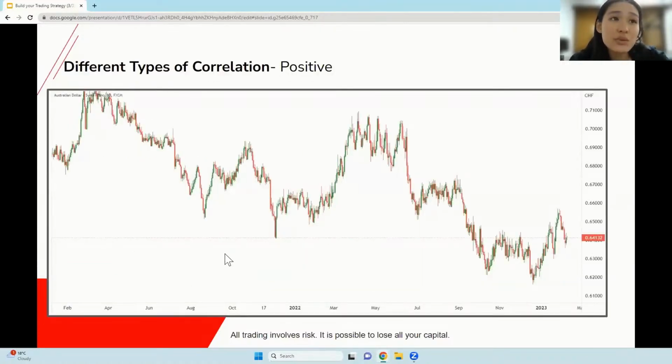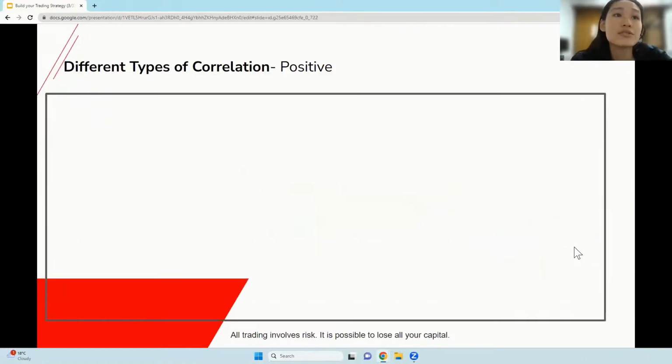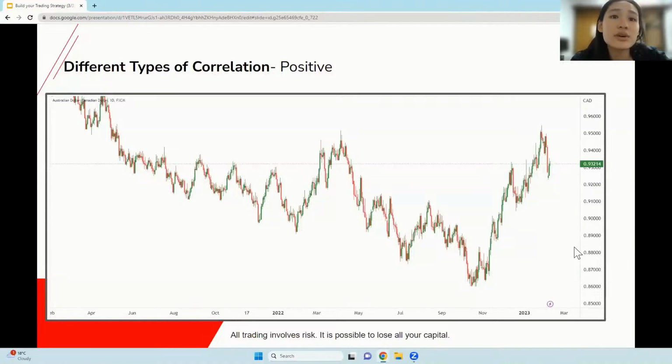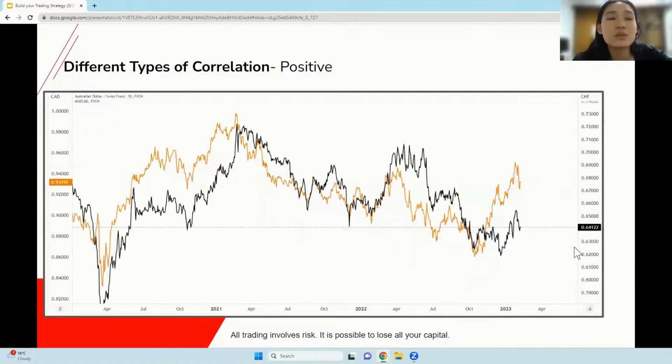So in this first chart, we're looking at AUDCHF, and this is what the chart looks like at that time in the 1 day time frame. And this is what the AUD chart looks like, also in the same time frame. It's important that you use the same time frames to compare, and you can make use of the TradingView feature that allows you to compare the charts at the same time.